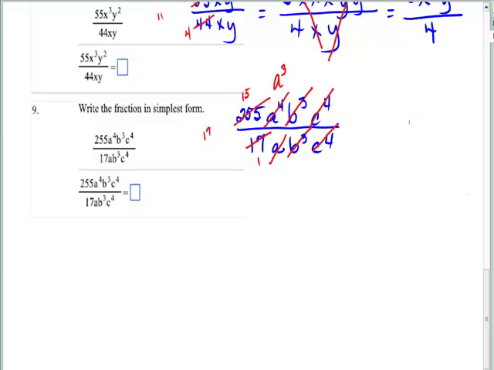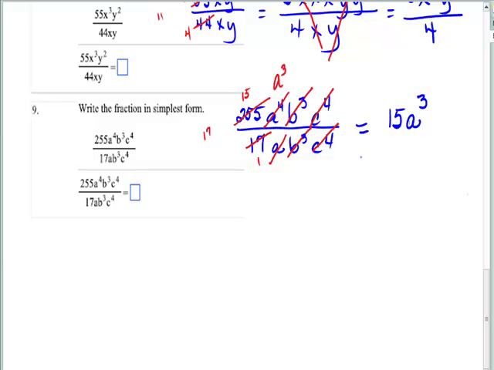Now for me, the hardest thing about this is seeing what I have left after all my clutter. All right, I have 15 a to the third, and on the bottom all I have is 1, and I don't write a denominator of 1.